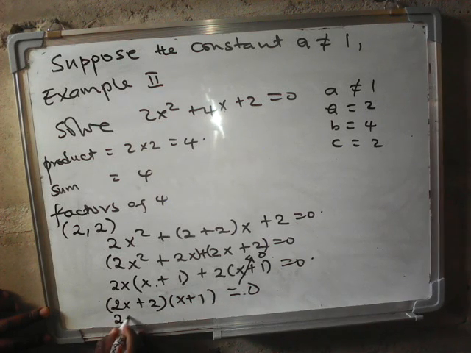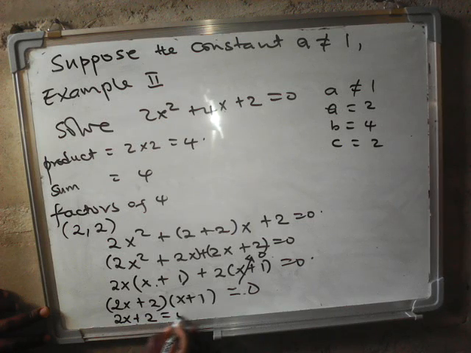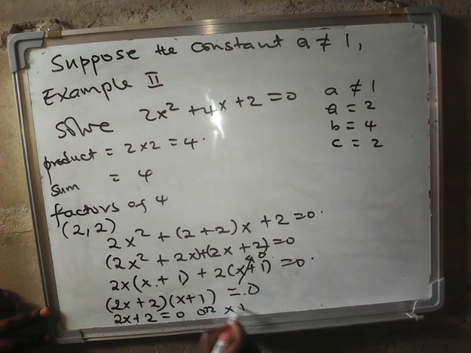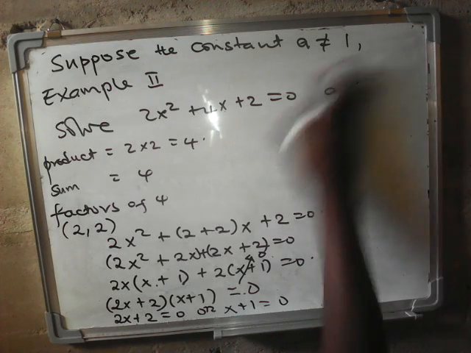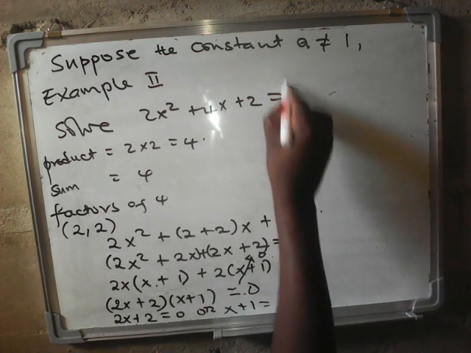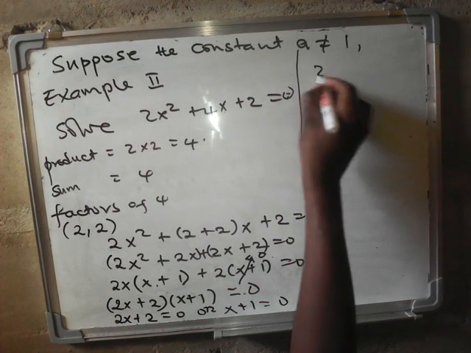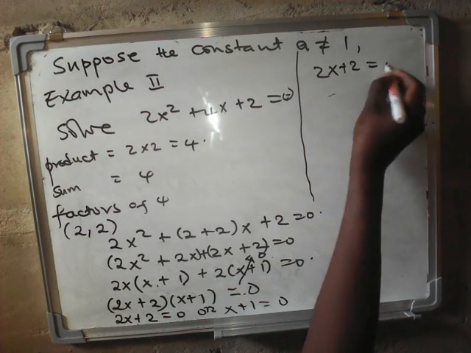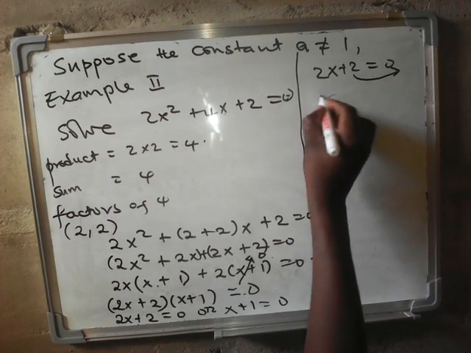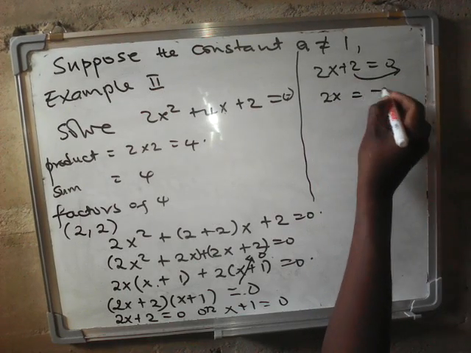Therefore, we shall say 2x plus 2 is equal to 0, or x plus 1 is equal to 0. From the first, 2x plus 2 is equal to 0. Take the 2 to the other side, you obtain 2x is equal to negative 2.